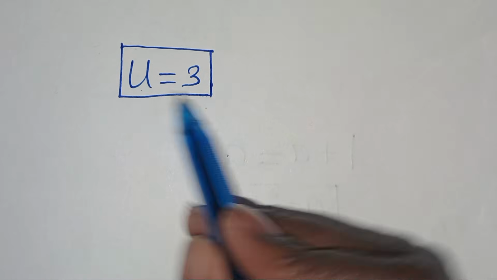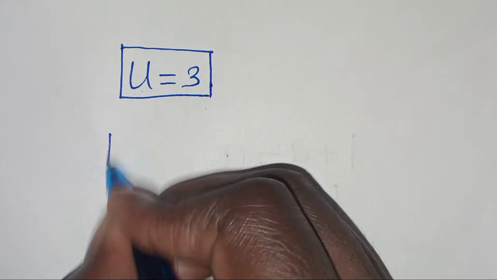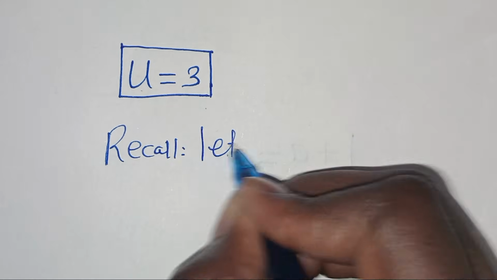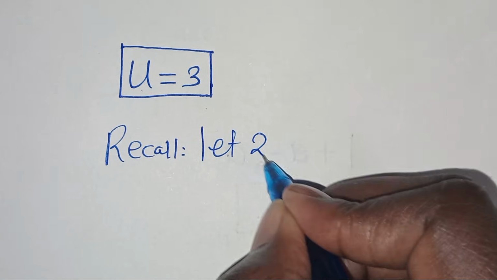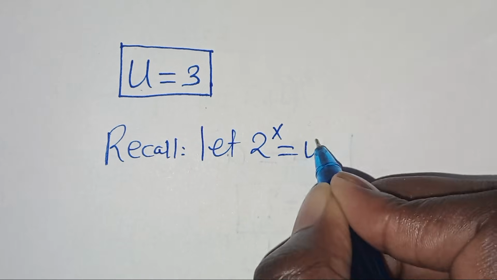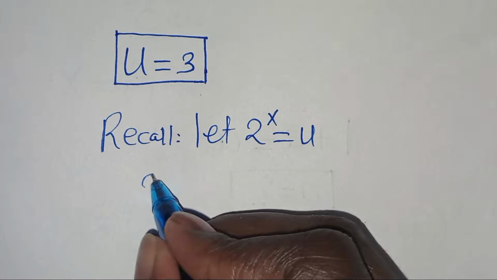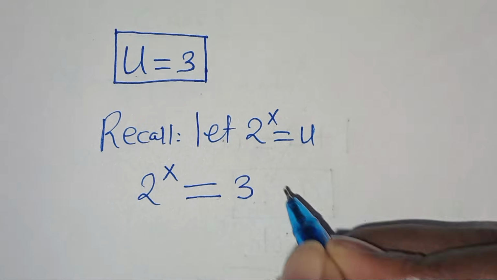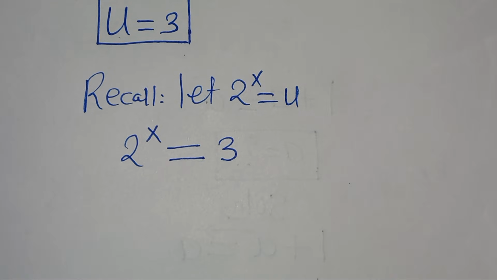Now, given that u is equal to 3, and if you recall, we let 2 to the power of x be equal to u. So this implies that 2 to the power of x is equal to 3. So let's solve for x here.